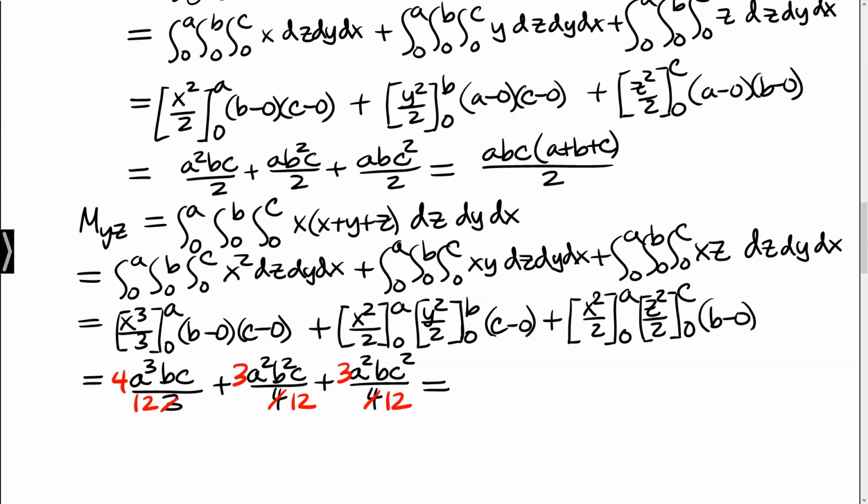Looks like we can factor out a squared bc over 12. So let's factor out a squared bc, and it's going to be over 12. And what's going to be left over then?